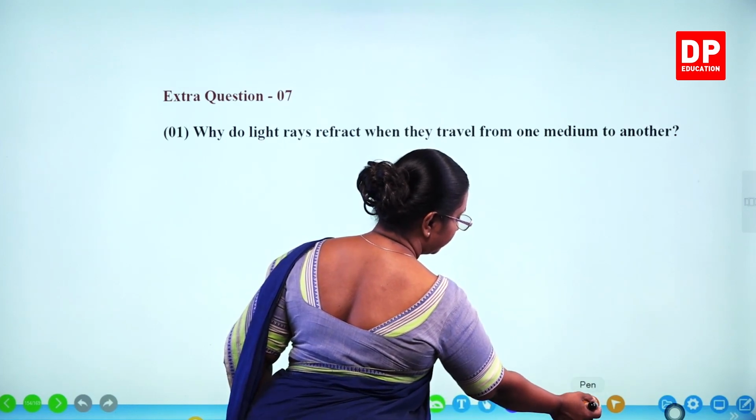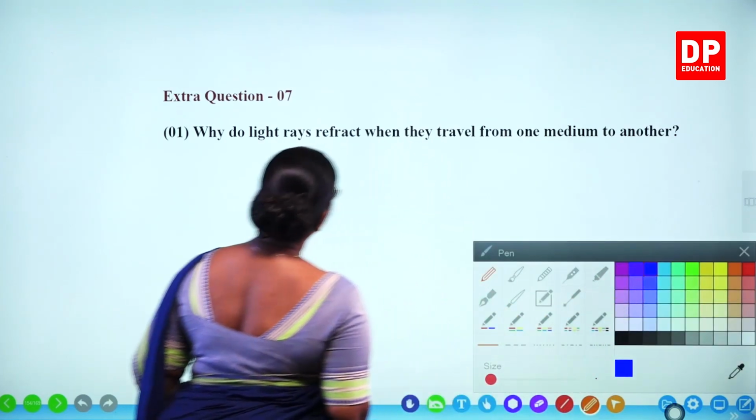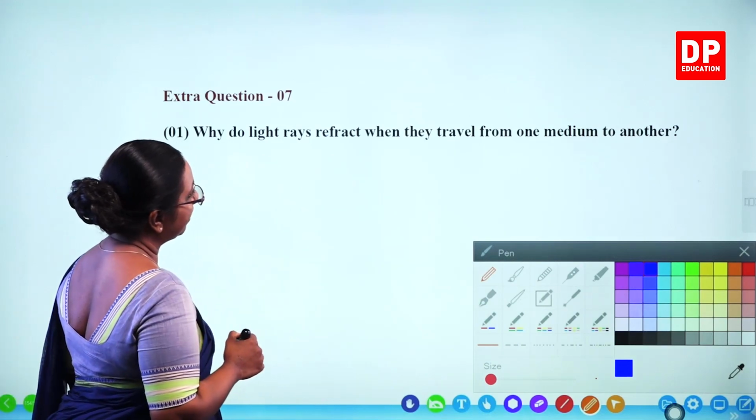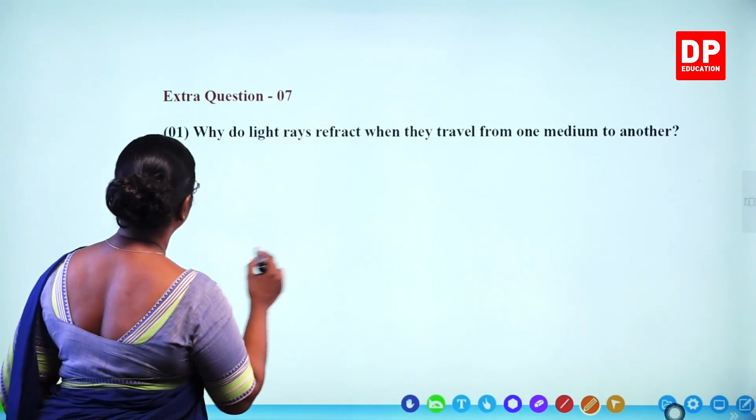So we will have to say, why do light rays refract when they travel from one medium to the other?